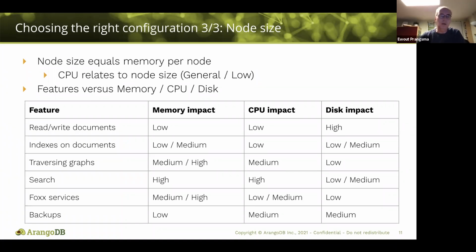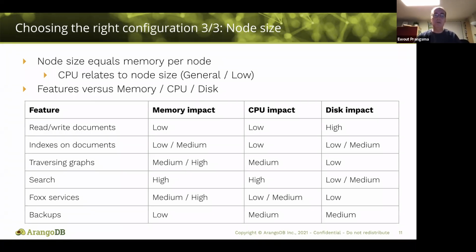But when you go to graphs, it becomes a different story. Graphs need more memory. So that's why we say the impact is somewhere between medium and high. And the CPU impact is also at least more than low. So we see use cases where people have a relatively small number of documents.